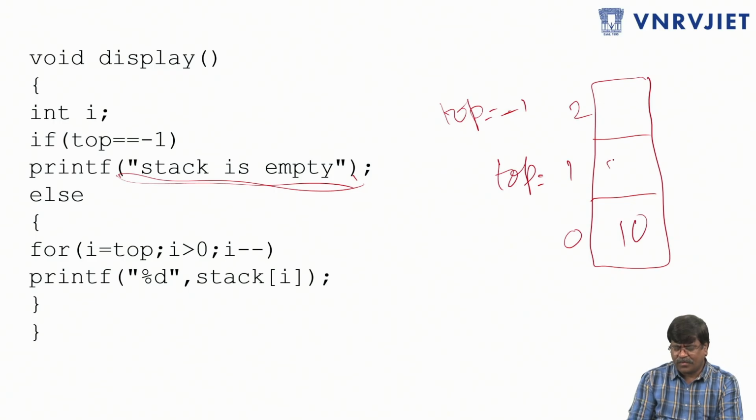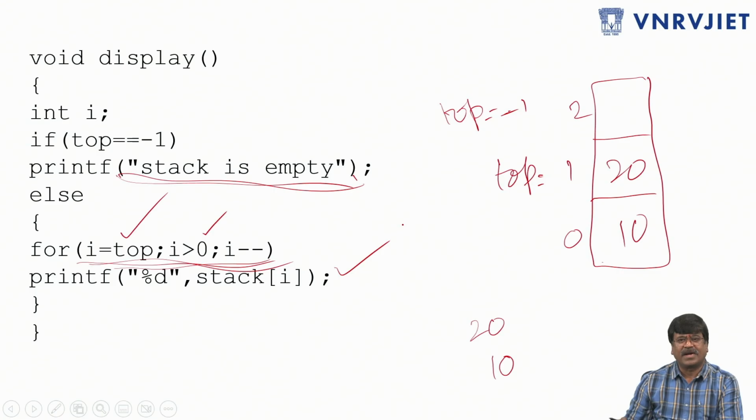For suppose 10, 20 is there, so the top is 1. I display all the elements from the top position to 0, using a for loop from top to 0. So I print 20, 10 in the stack. This is the function I use for display.